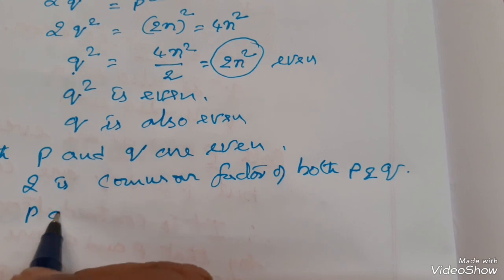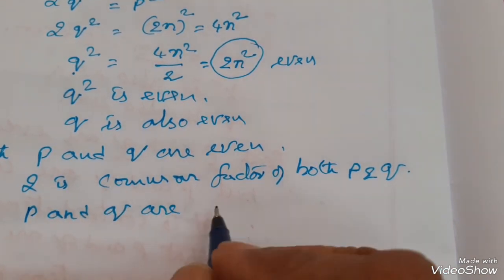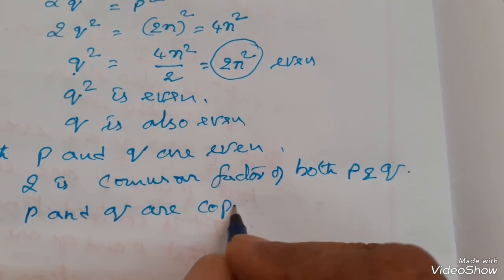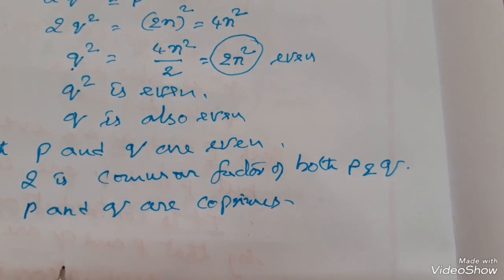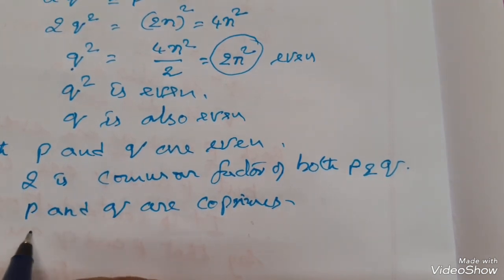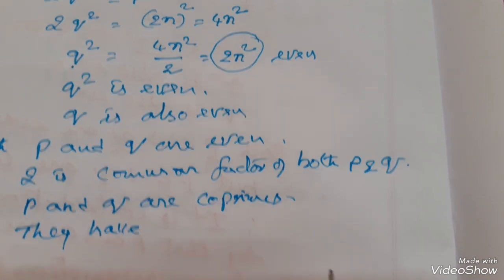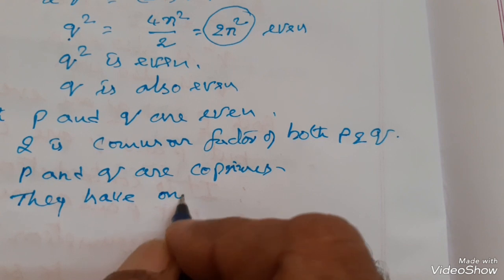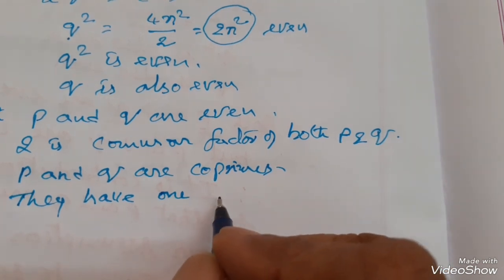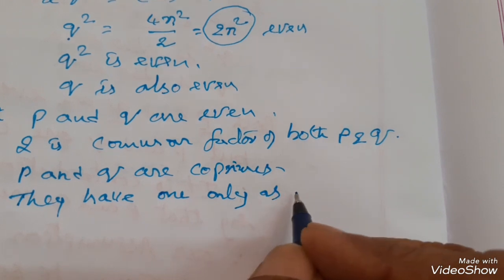So P and Q are coprimes. Coprimes means they have only one as a common factor.